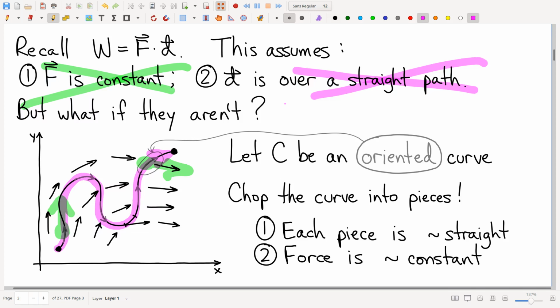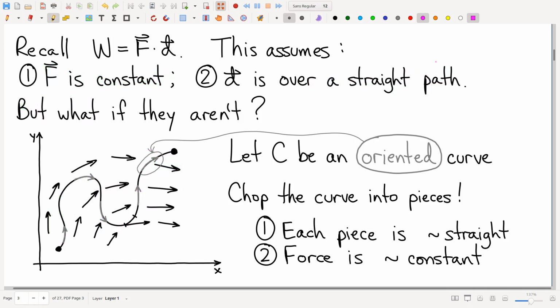We're going to look at little bitty pieces. Let's look at this little bitty piece right there. That little piece is approximately straight. Not exactly, but in the limit, as I chop more and more finely, it gets smaller and smaller and straighter and straighter.